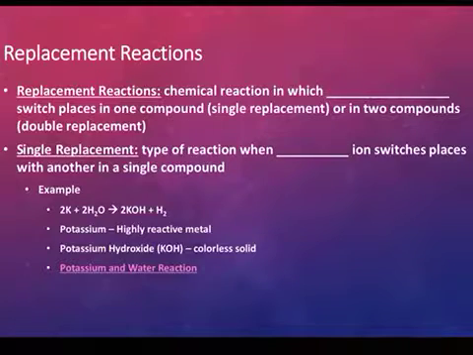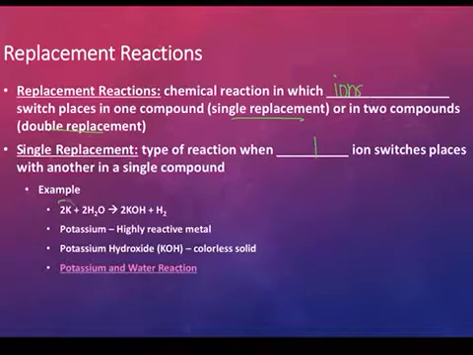The replacement reactions, these are chemical reactions in which ions switch places in one compound, which would be a single replacement, or in 2 compounds for a double replacement. So a single replacement is a type of reaction when one ion switches places with another.